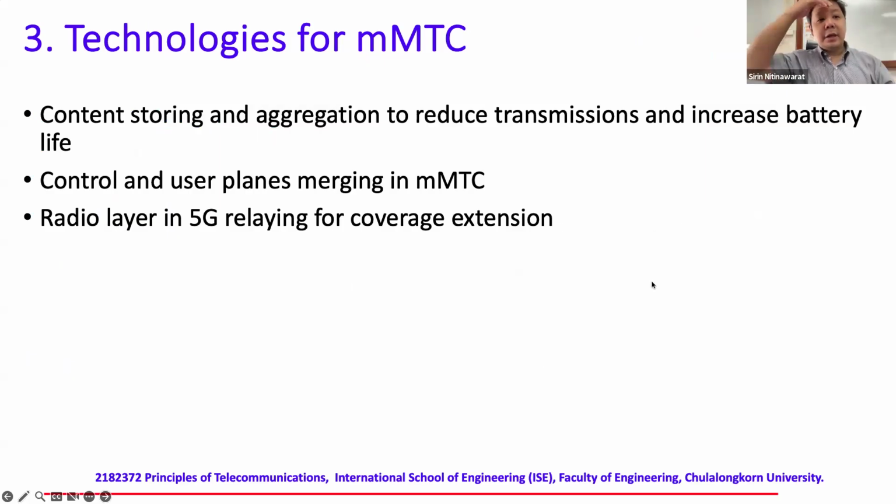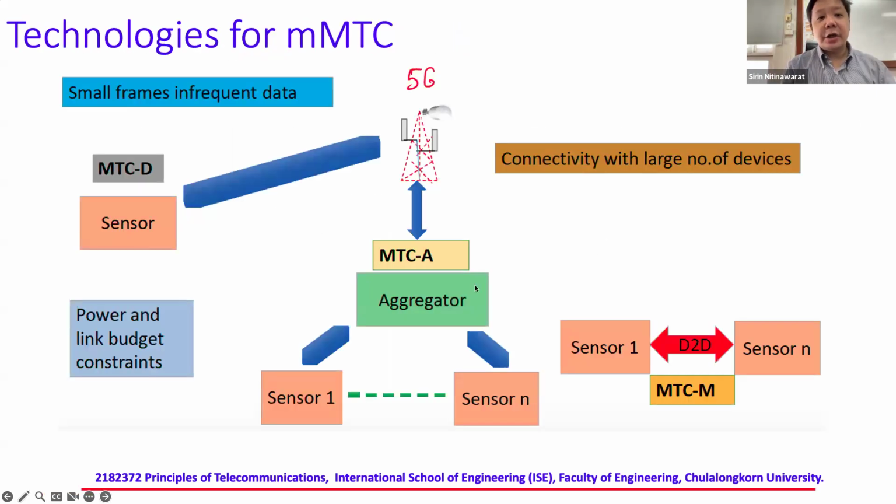So again, you see several techniques and enablers that are being used to make the control for mMTC leaner, using caching and aggregation to reduce transmission and increase battery life. In terms of the radio, you can use something like relaying for coverage extension. So in this picture, you see the typical communication between various sensors to the 5G network.